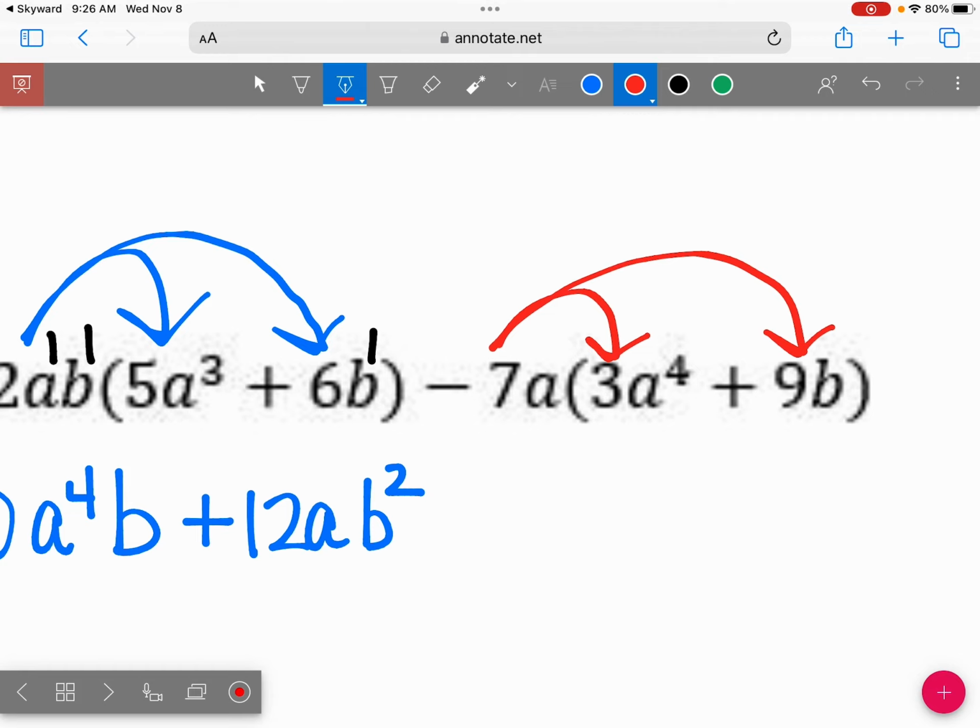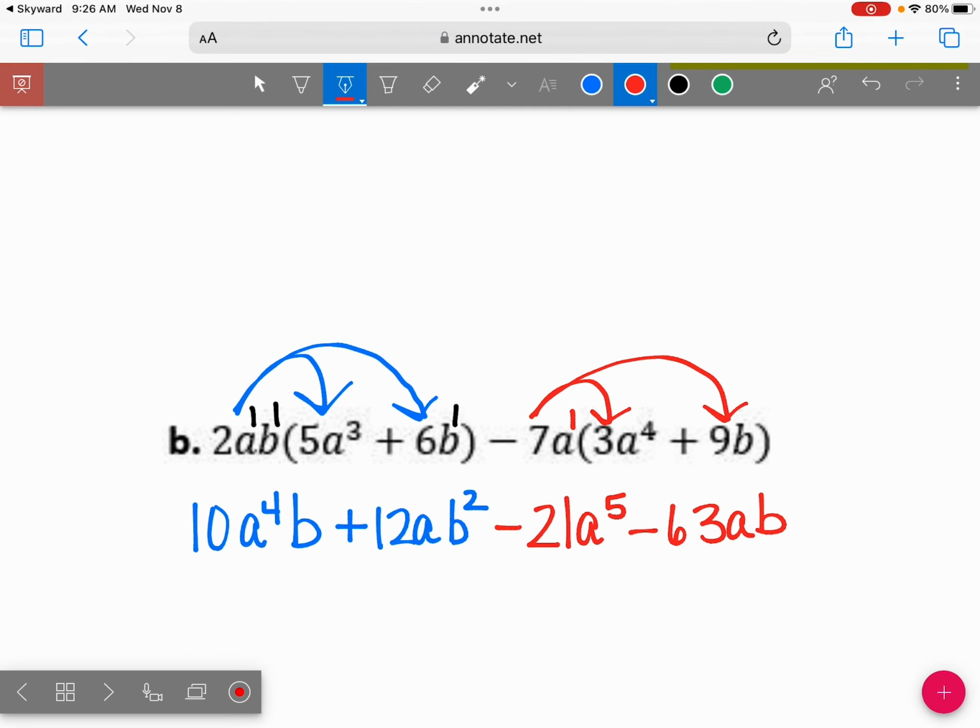So negative 7 times 3 would be negative 21. And then how many A's will I have with that term? 5, because we're adding 1 plus 4, which would be 5. And then you have negative 7 times 9, that's negative 63. And I have an AB.